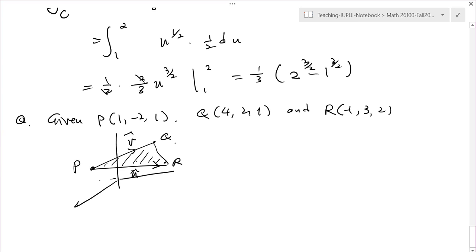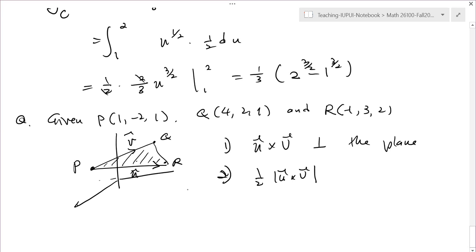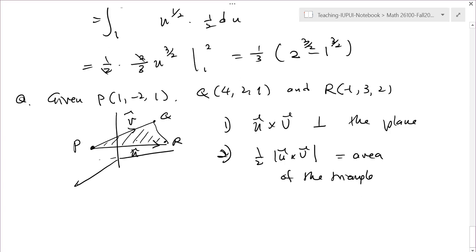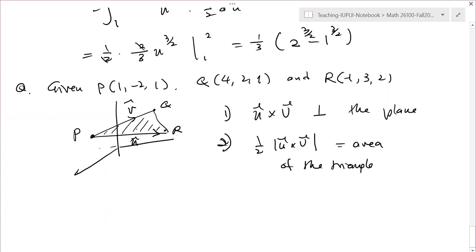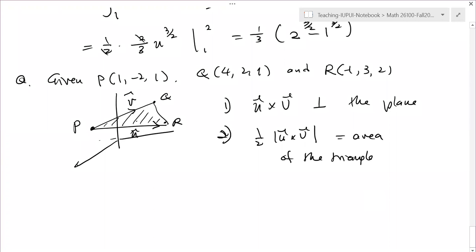Then u cross v is perpendicular to the plane. That's the first thing, right? Second, the length of the cross product is the area of the parallelogram, and half of that is the area of the triangle.